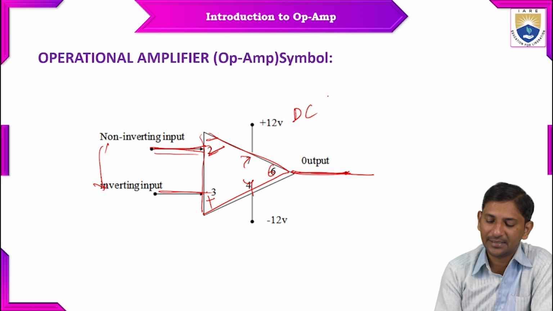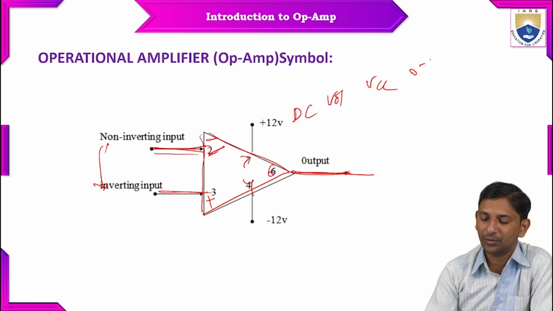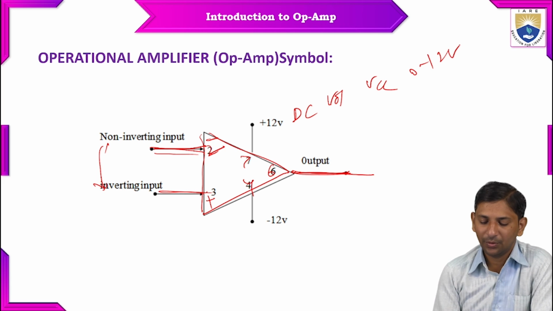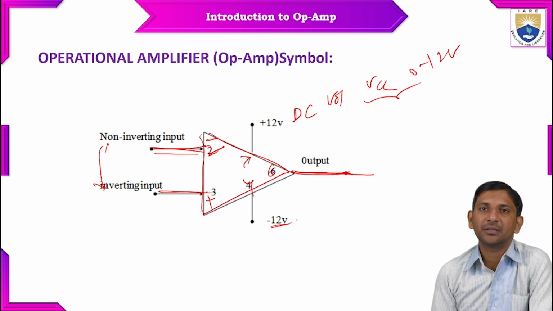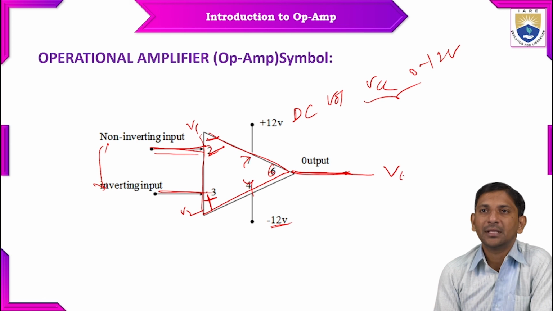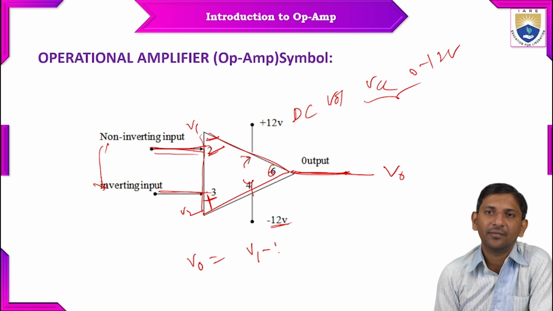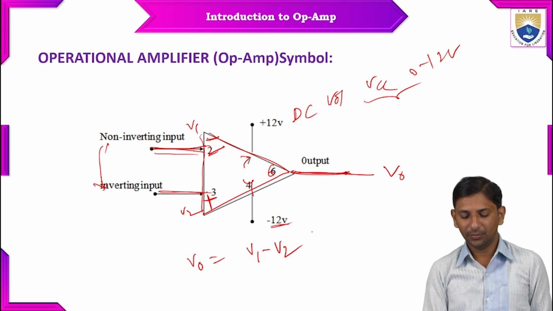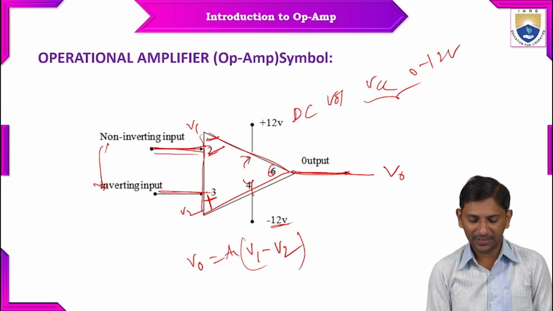and to the 7th pin and 4th pin we give a DC voltage, which is called VCC, plus VCC and minus VCC. This operational amplifier works from 0 to 12 volts maximum. So we will give plus VCC as 12 volts, minus VCC as minus 12 volts, and the inverting pin and non-inverting pin as two inputs V1 and V2, where the output is displayed as V0, which is equal to the difference of your inputs, with some product of gain value, represented by AV.